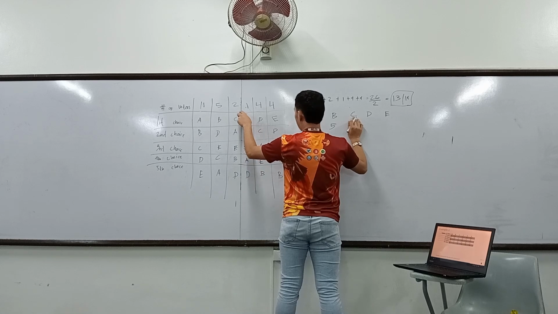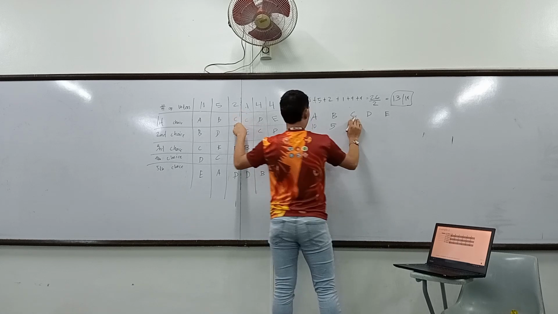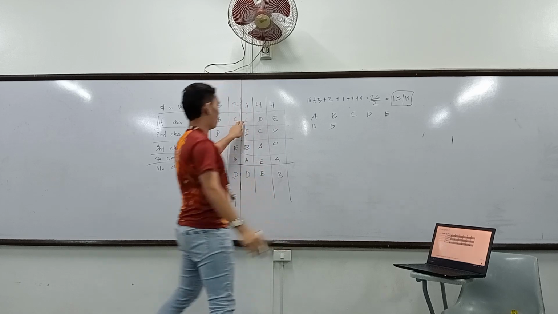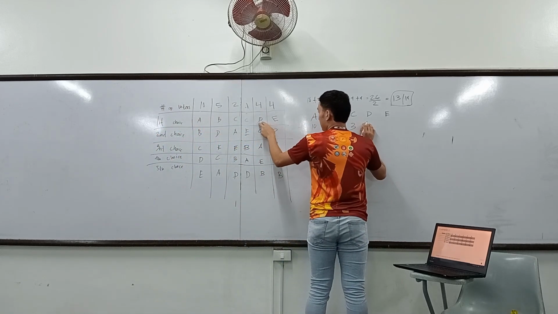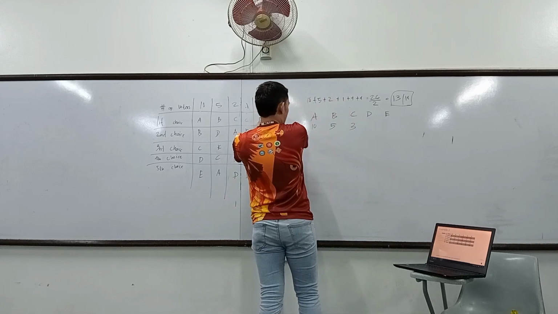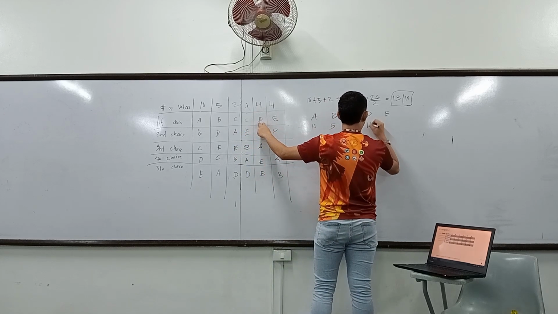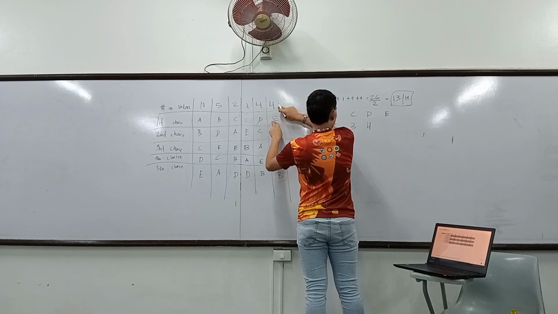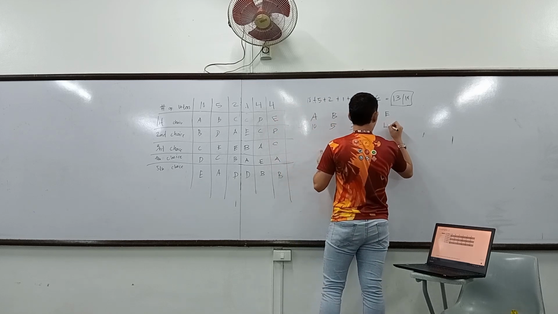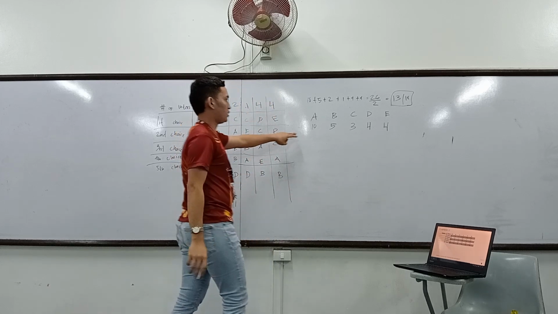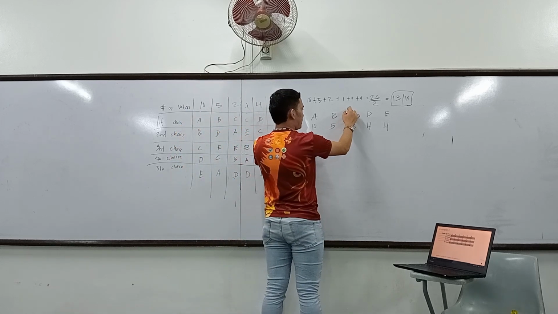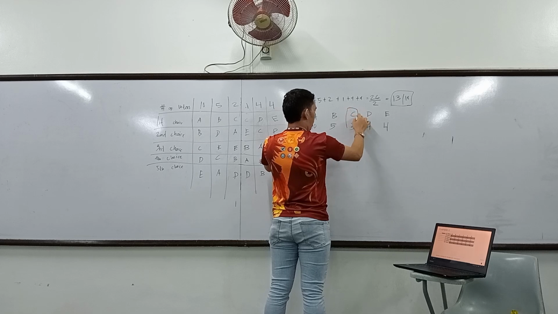Candidate letter C got a total of 3 votes. Candidate letter D got a total of 4 votes. And candidate letter E got a total of 4 votes. So as you can see in the table, candidate letter C got the lowest votes in this election.